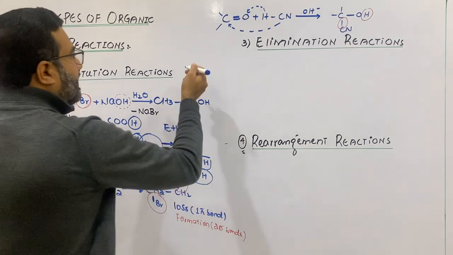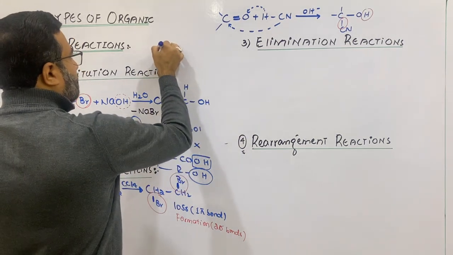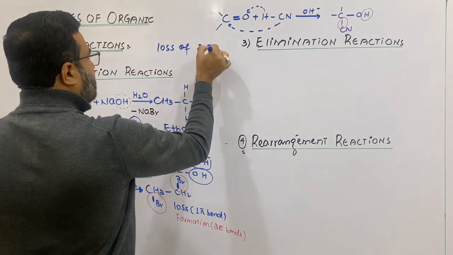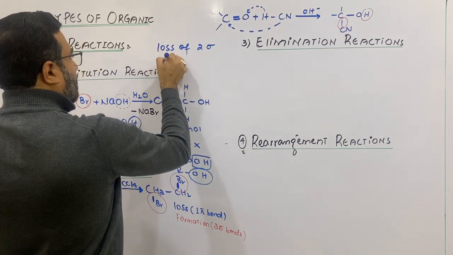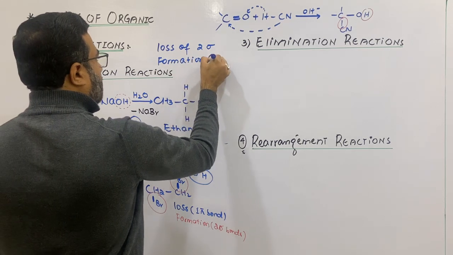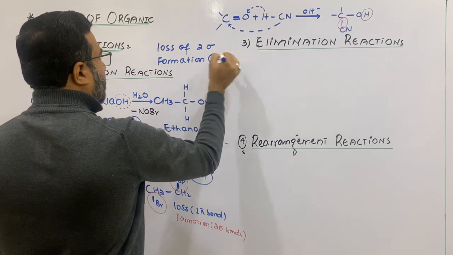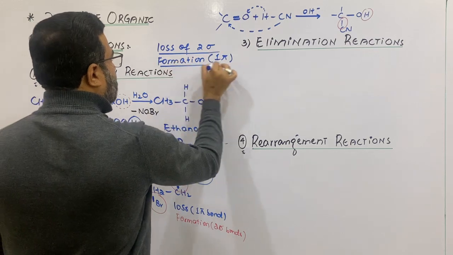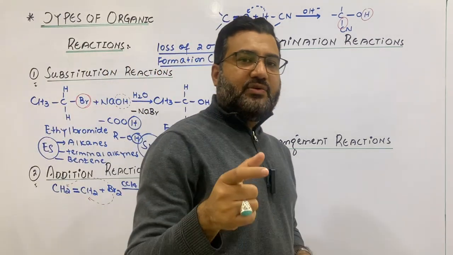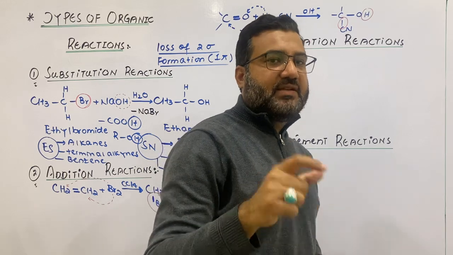In elimination reactions, there is loss of two sigma bonds and you will see formation of one pi bond. And because sigma bonds are lost and pi bonds are formed, it means the saturation will be changed to unsaturation.